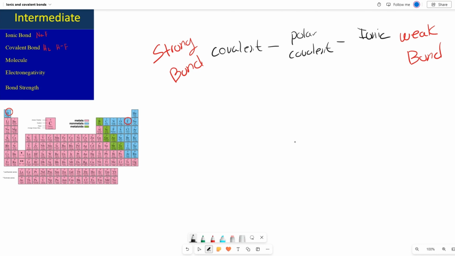How much stronger or how much weaker, it's really hard to say because different covalent bonds are different strengths with each other, and different ionic bonds are different strengths with each other. But in general, a covalent bond is stronger than a polar covalent bond, and a polar covalent bond is stronger than an ionic bond.